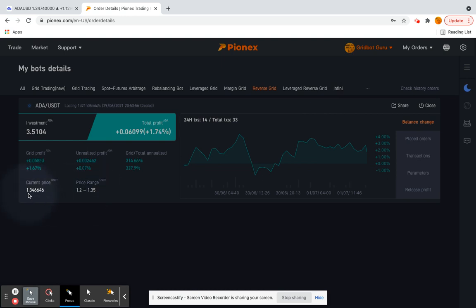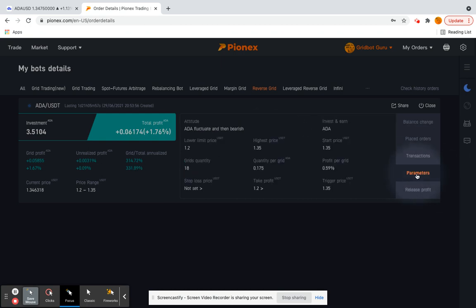The current price is 1.346118. All right, let's look at the parameters. I have a trigger price at 1.35. That means it is going to start this bot at 1.35. You have to have a little ADA, I guess, to start it. I'm not 100% sure why, but you do.